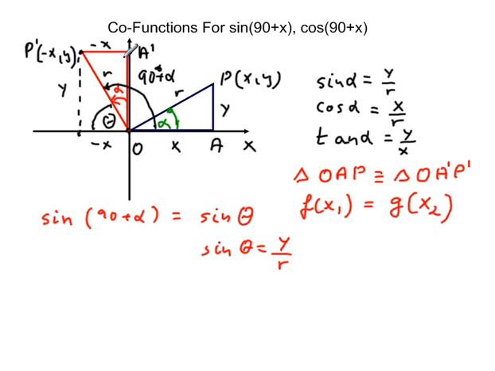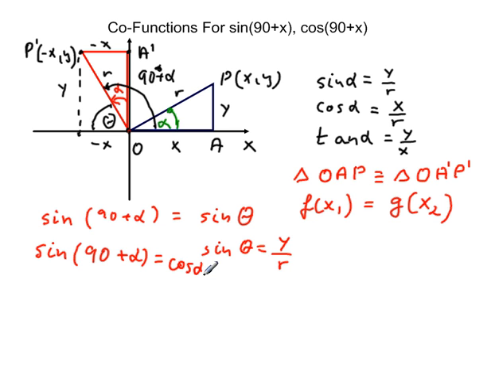For that red triangle, the ratio of y over r, in terms of angle alpha, represents cosine of angle alpha. So now we can replace the right hand side with cosine alpha.